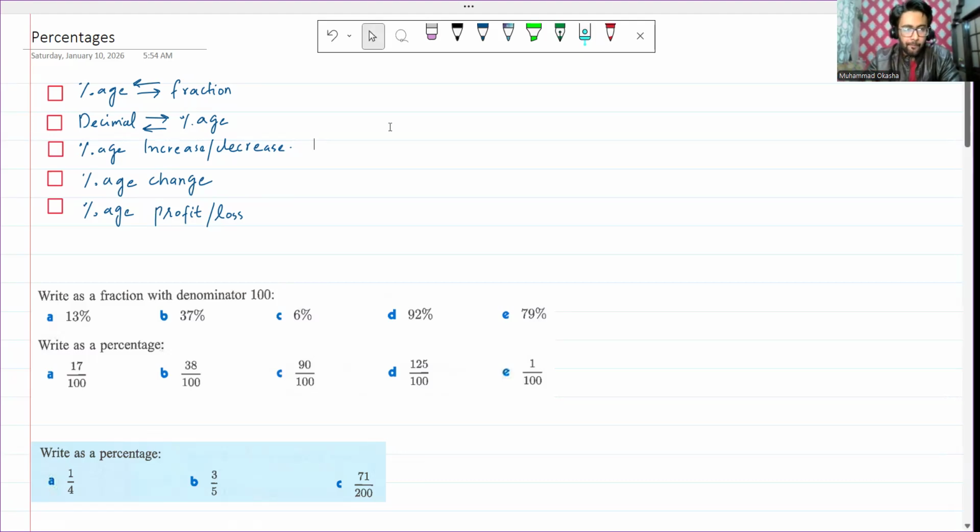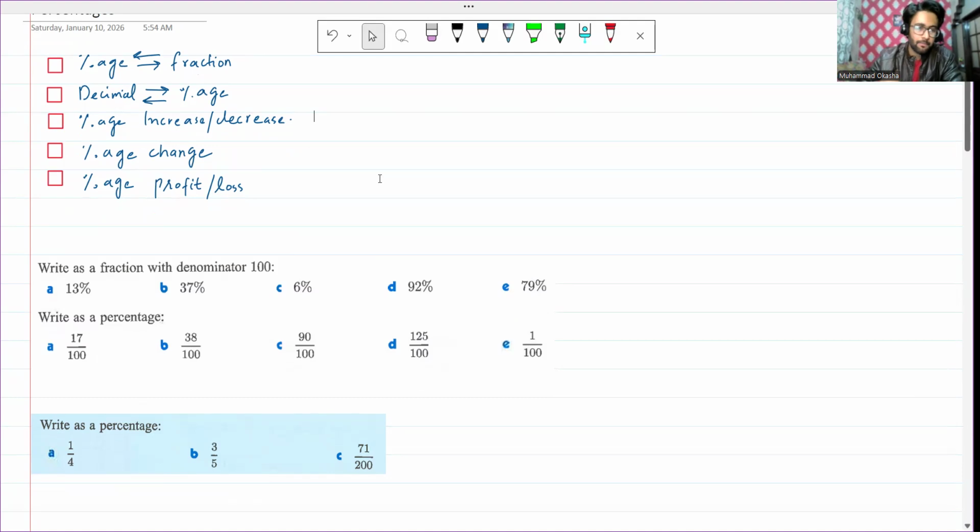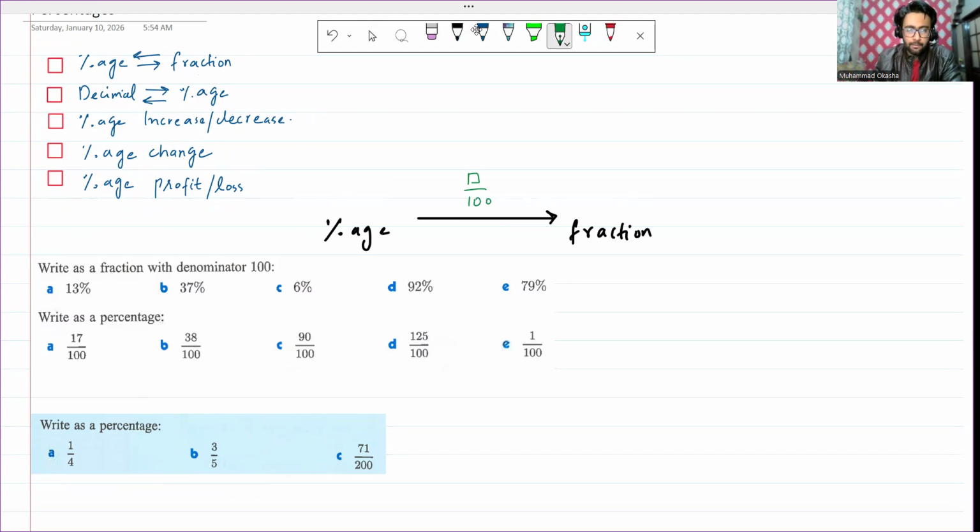First of all, you see a fraction, right? A simple way to interconvert between percentage and fraction is if you see a percentage and you want to convert it into a fraction, simply divide whatever the percentage is by 100. That's it. And remove the percentage sign, of course. So if you have 13%, I can write it as 13 over 100, right?